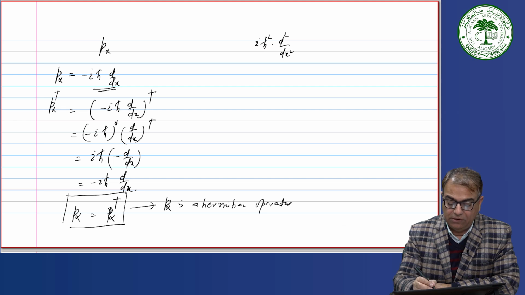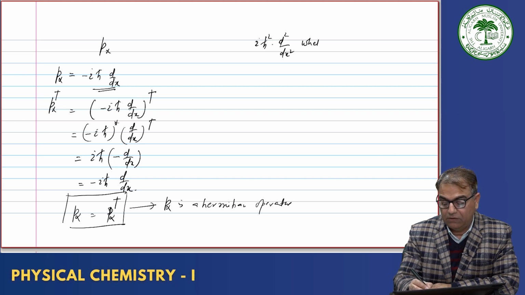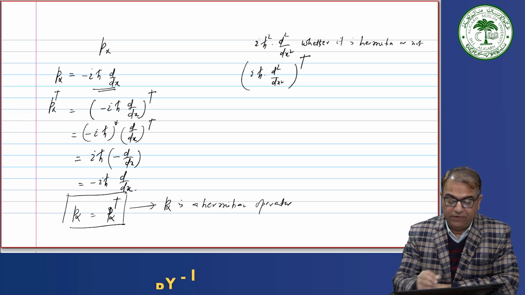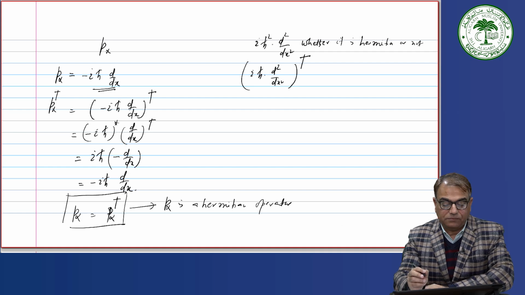If you have to find out whether this operator is Hermitian or not, what you need to find out is the dagger of i h cross d square by dx square.